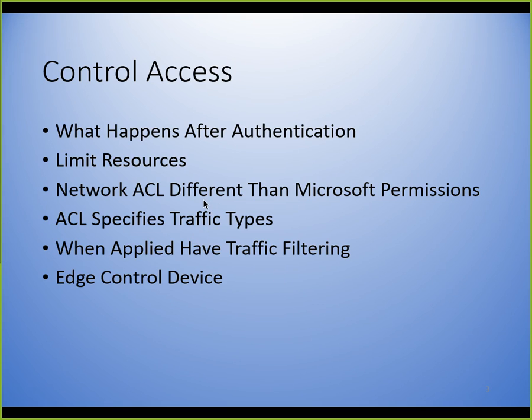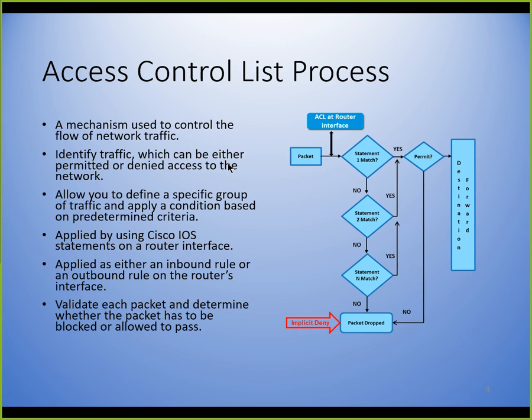VLANs fix that, because you could put a port in the classroom on the faculty VLAN, and that's where the faculty machine was. The access control list, the slide that shows these things: over on the right, the packet comes in, to the access control list at the router interface, either inbound or outbound. We have statement 1. Does it match? If the answer is yes, is it a permit statement? If it is, then it's forwarded to the destination.